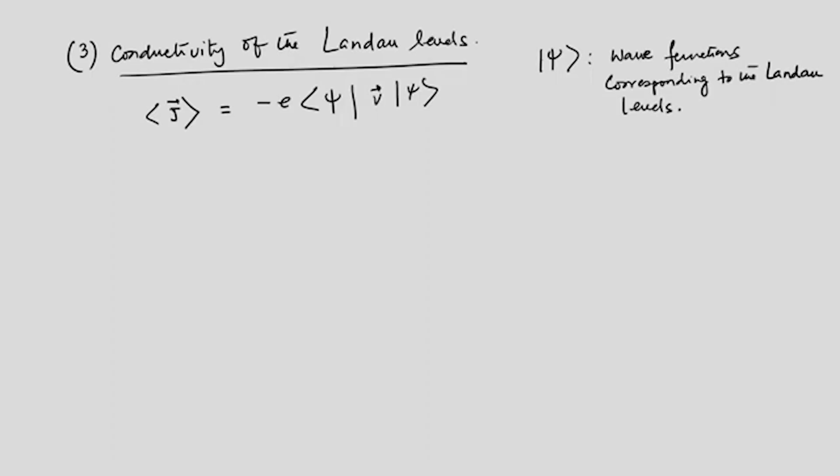So you're taking the expectation value of the velocity operator between them, and the velocity is nothing but minus e by m, psi, p, psi.